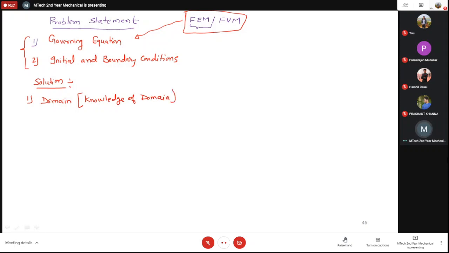Now once we have the domain, we will discretize the domain into small parts, which are also known as grids or meshing. It is also called discretization or meshing. The meshes are there, or the nodes are there. Okay, so let's speak about the domain.